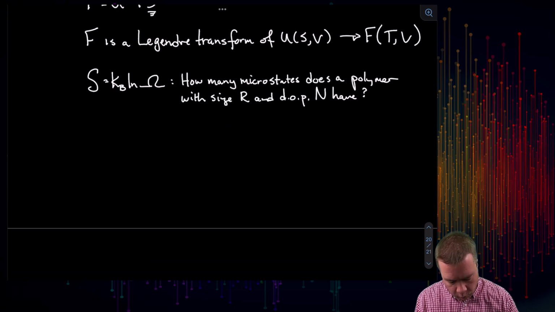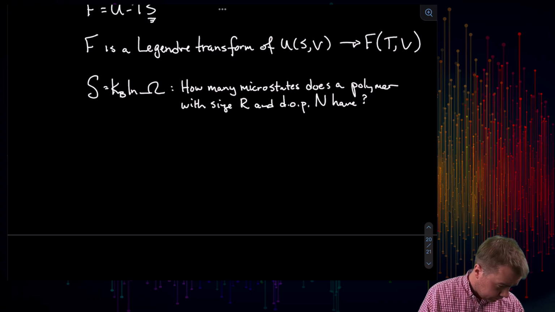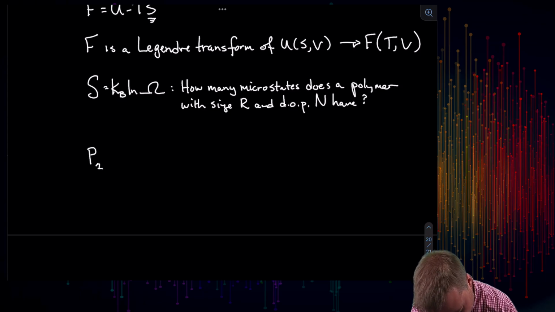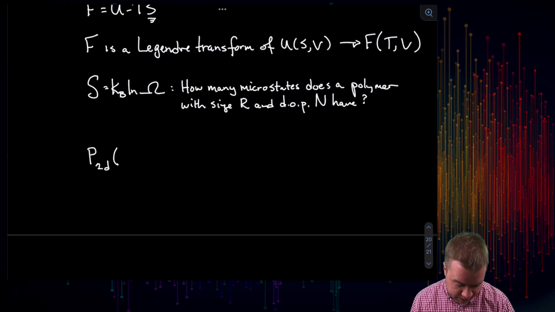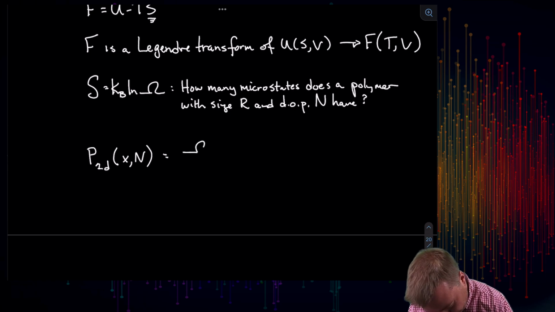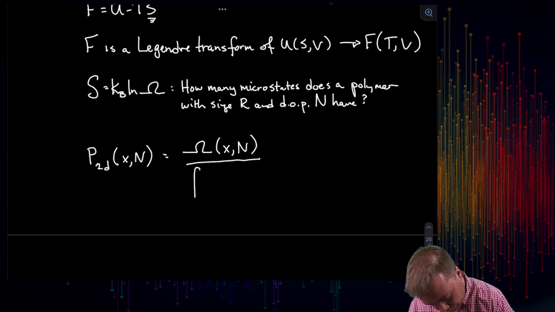But remember, when we were looking at a random walk with a large number of steps, what we found was that the number of microstates, now let me be careful here. What we found was that the probability in one dimension of ending up at a position x after n steps, I hope you can see the connection now between the random walk and the polymer, was equal to the number of microstates for the polymer at position x having n states divided by the integral over all of the microstates.